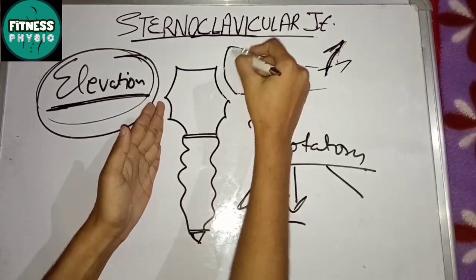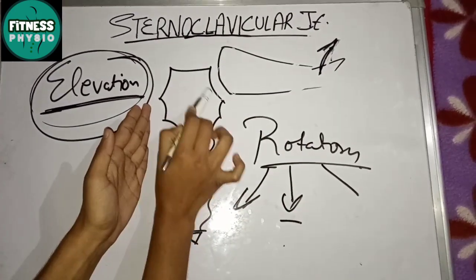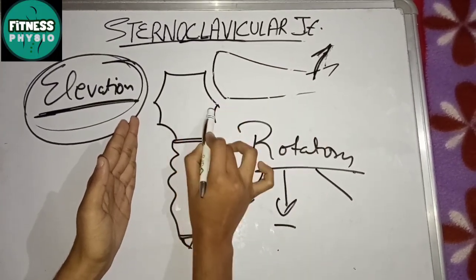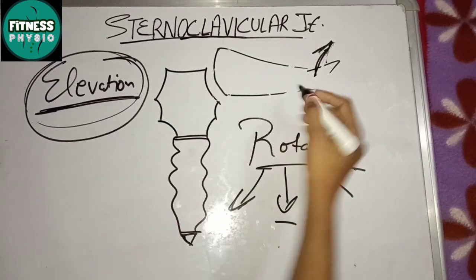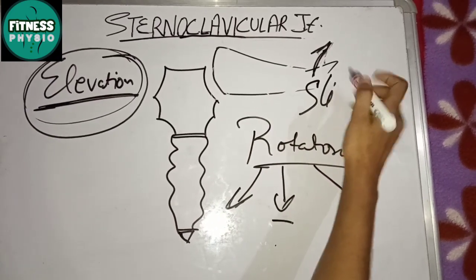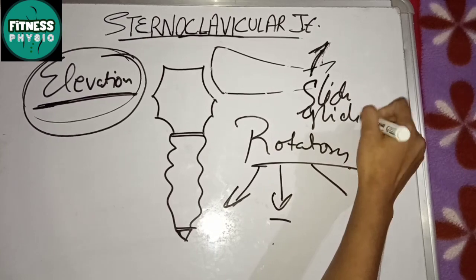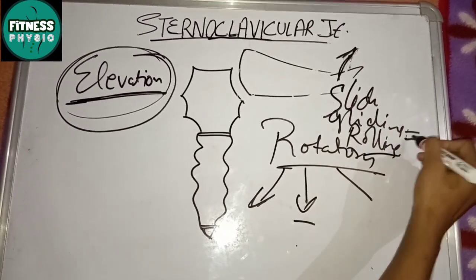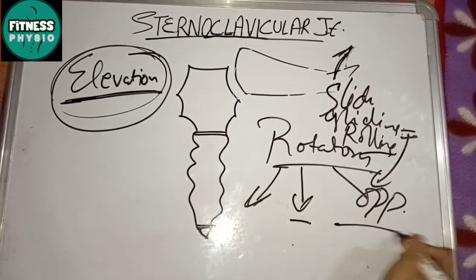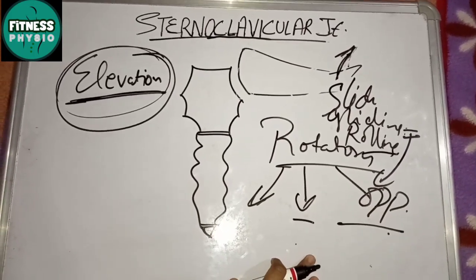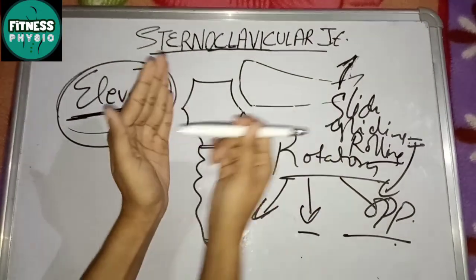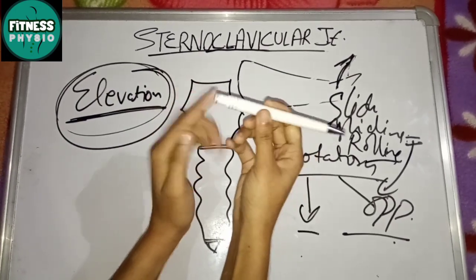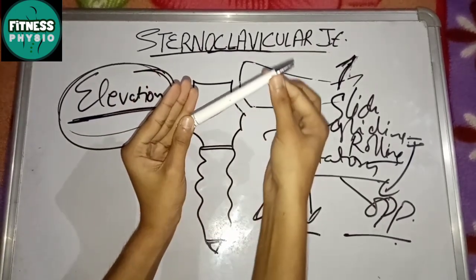This is your clavicle, this is your manubrium sterni, the concave structure, and this is the convex structure, the medial end of your clavicle.